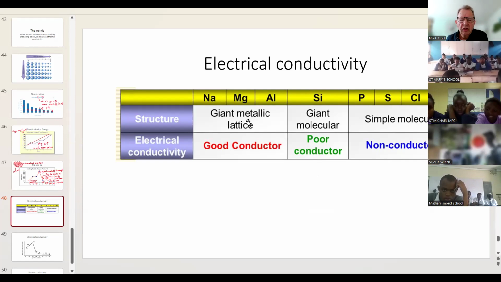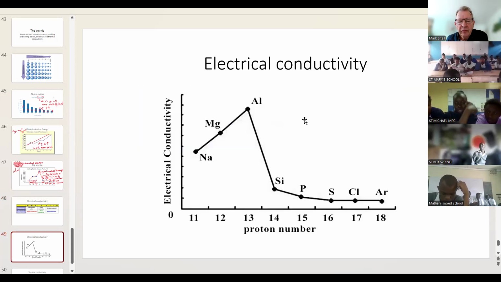Simple electrical conductivity goes like this. Actually, this is what it looks like in more detail. Sodium is not a bad conductor. Magnesium is better. Aluminium is the best. It's the same as metallic bonding.